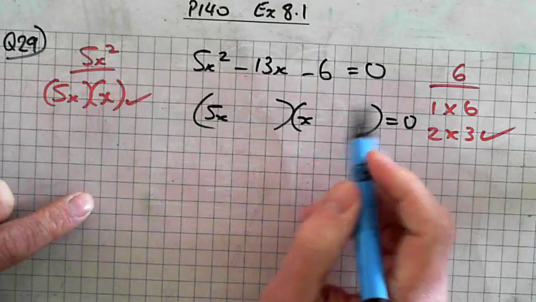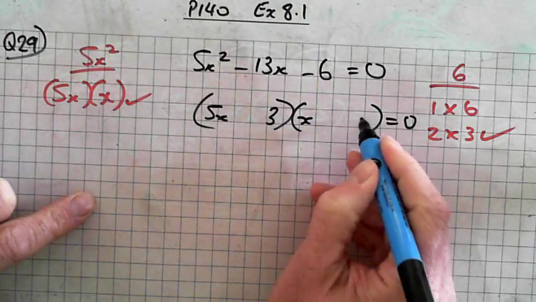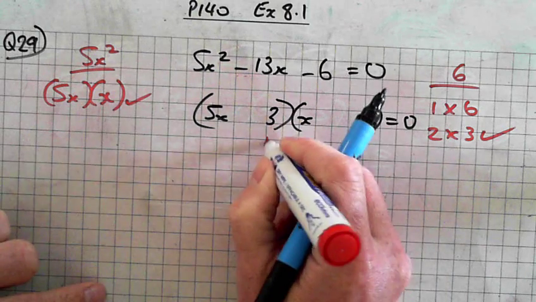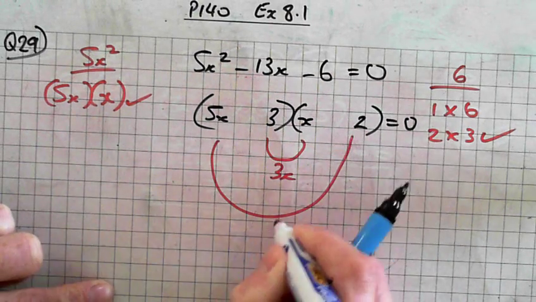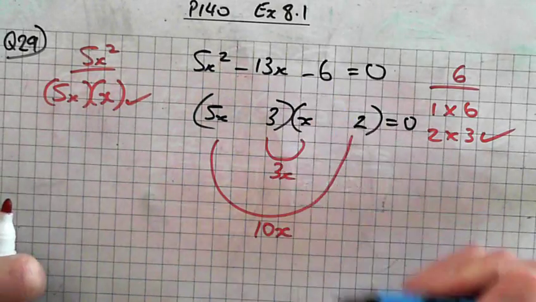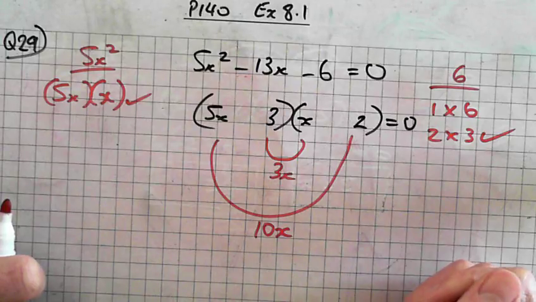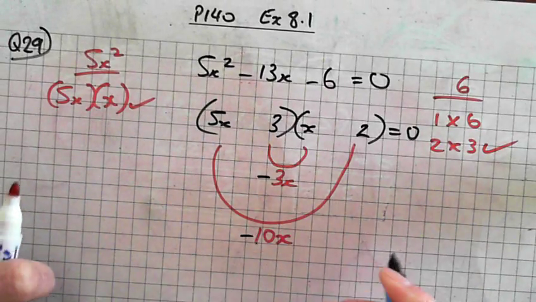So I'll put them in wrong. 3 and 2 would be wrong. So 3 times x, 3x. 5x times 2 is 10x. Could I get 13 with 3 and 10? Minus and a minus.